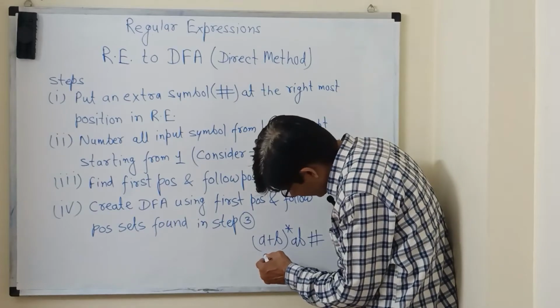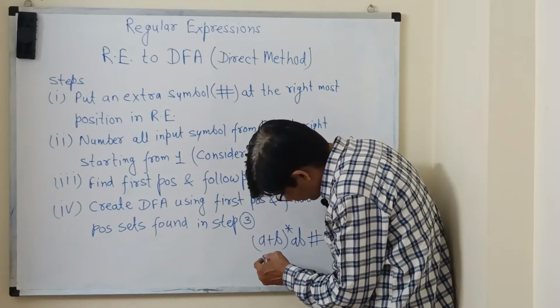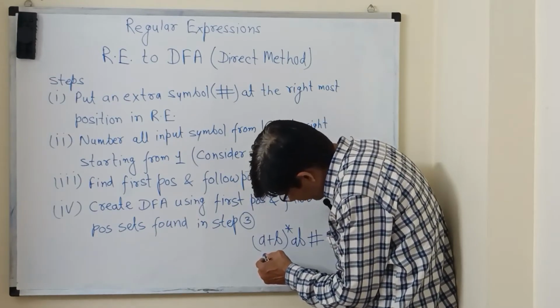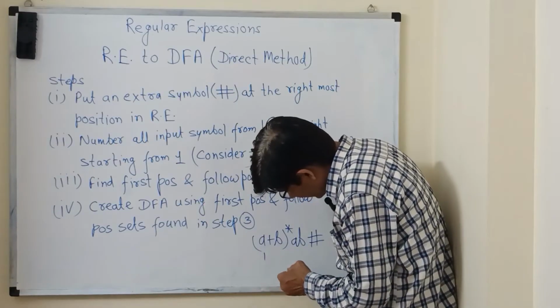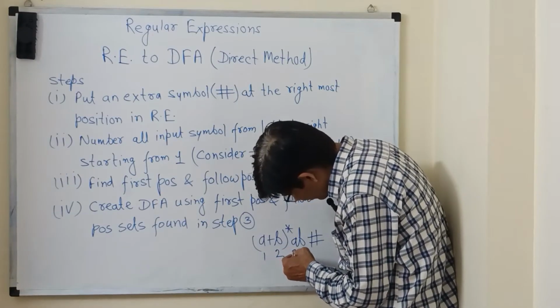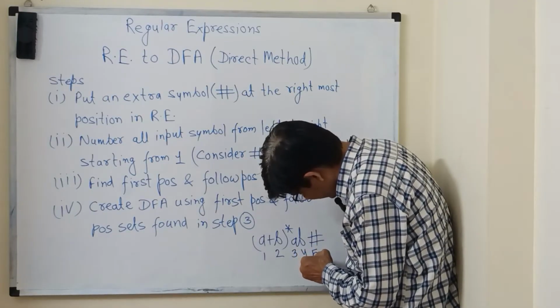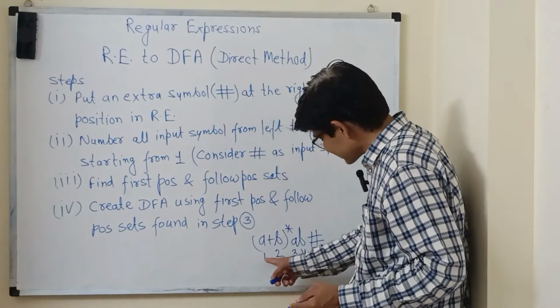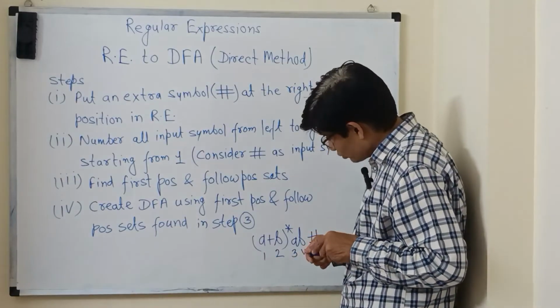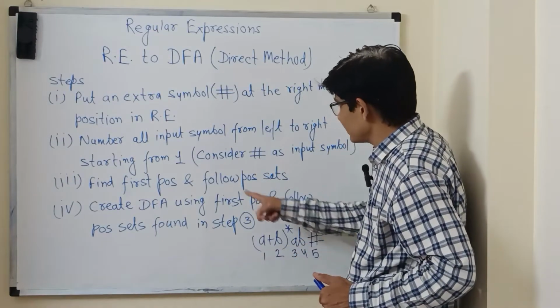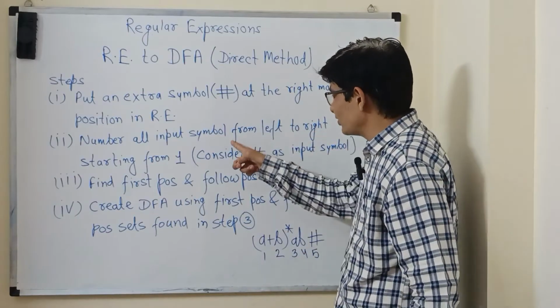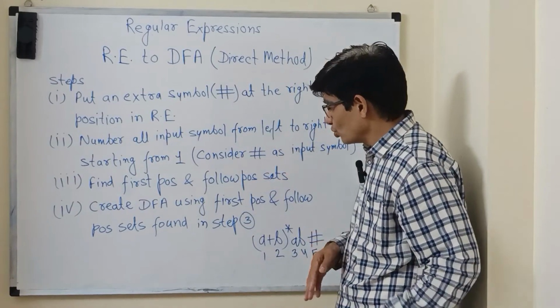We will number all input symbols starting from 1 from the left position. So this would be 1, this would be 2, this would be 3, this would be 4, and this hash would also be numbered as 5. This is the way you number all the input symbols in the regular expression. So this completes your step 2.